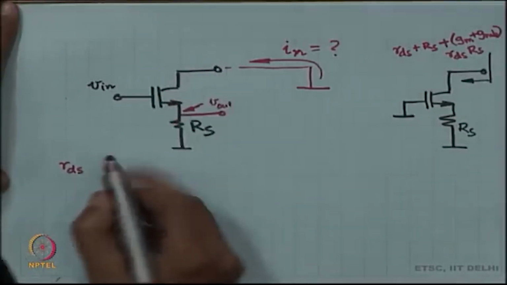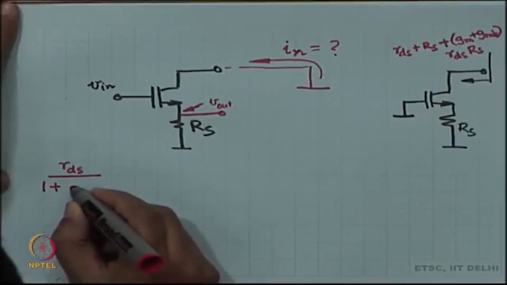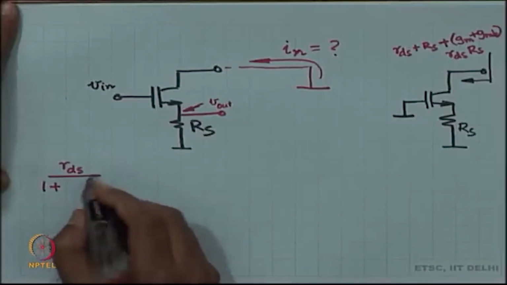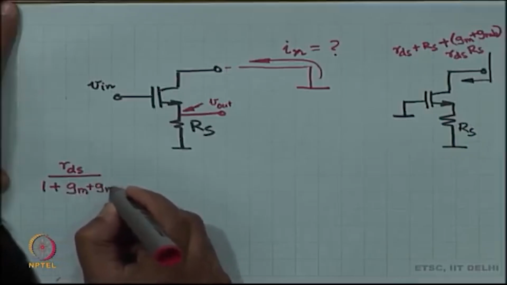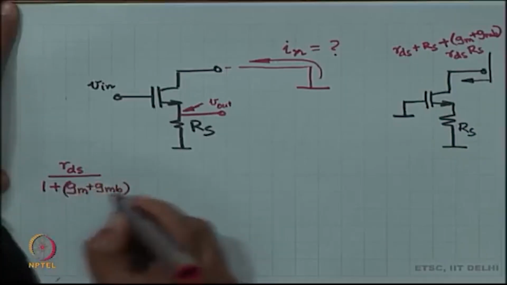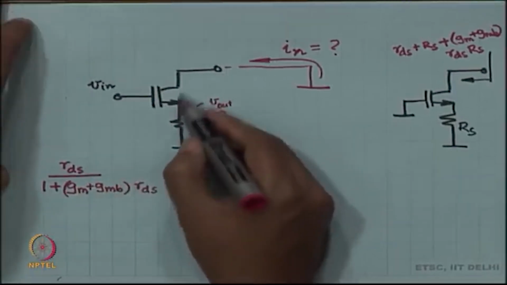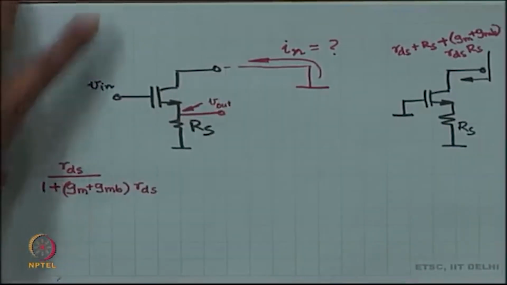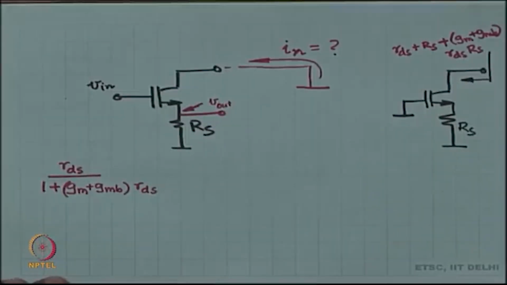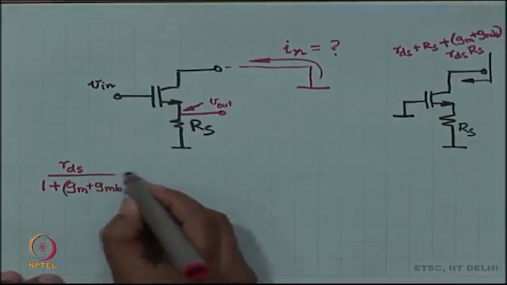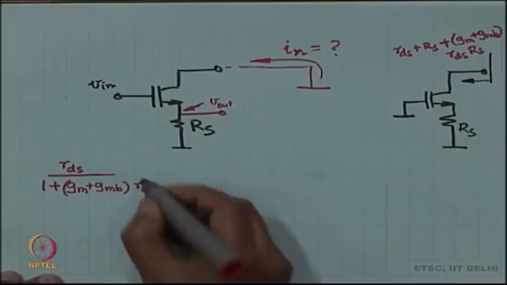RDS plus RD, which is 0, divided by 1 plus GM plus GMB times RDS. This was the impedance looking up, and looking down I have got RS, which means that the net impedance is the parallel combination of this and RS.